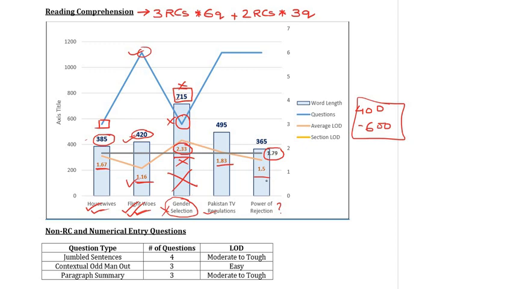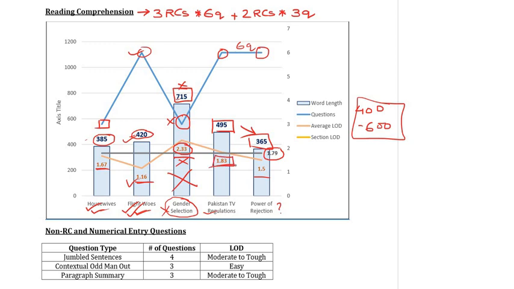The third easy passage that I can see here, and here between these two, now observe this is more of a dicey case because both these passages have one factor in common, which is 6 questions each. So that doesn't differentiate. The passage on Pakistan TV regulations here, I can see that it is tilted towards this because this is a much shorter passage on rejection.